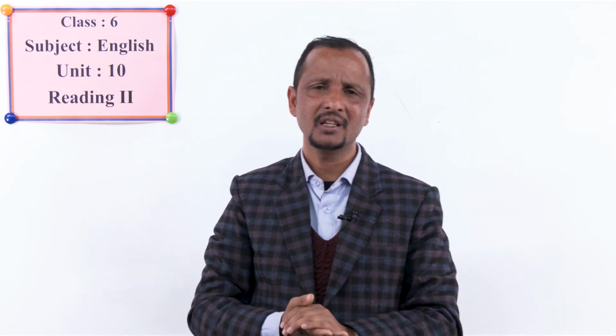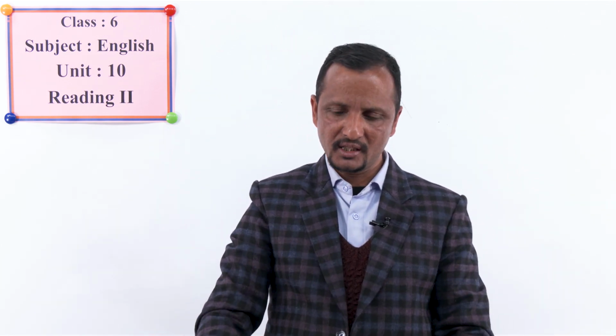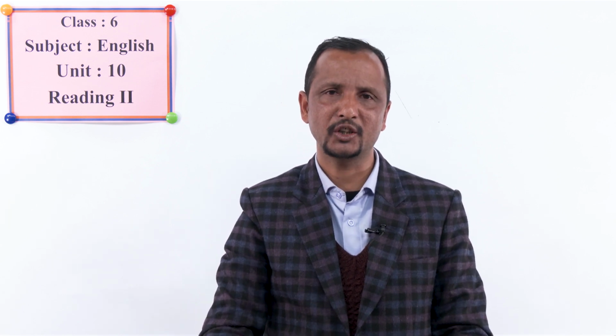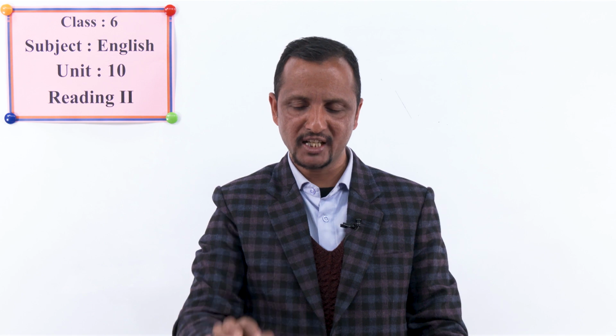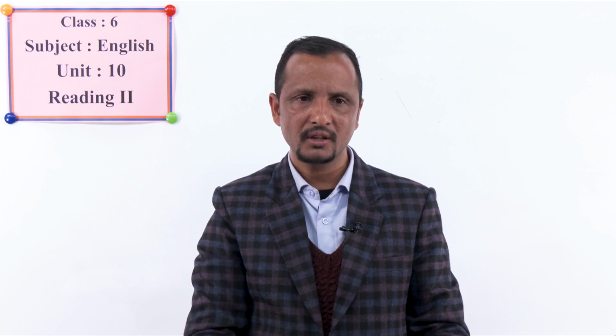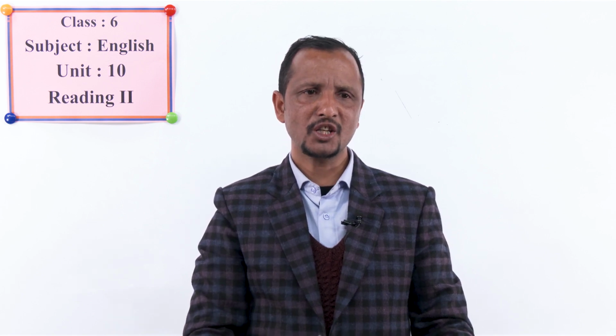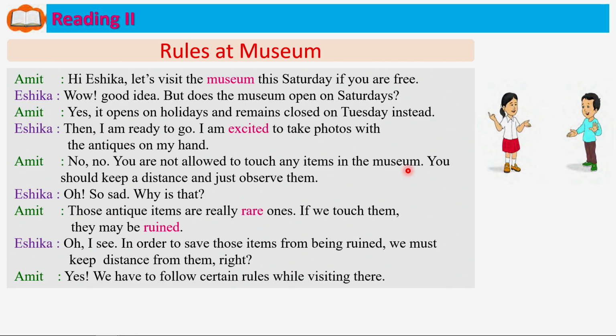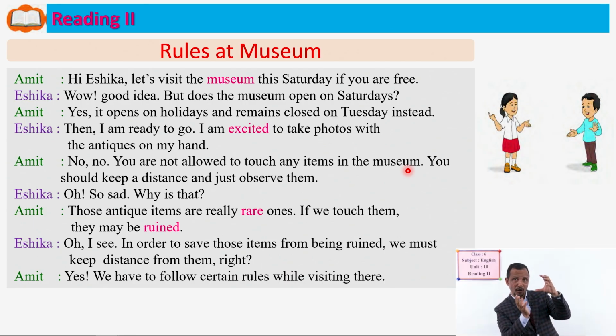Very good. Now, dear students, we move to the next. Go to the textbook, Reading 2. This is the rules at the museum that we already discussed. We see the figures, pictures, buildings, and going to a museum, what sort of rules we have to follow.